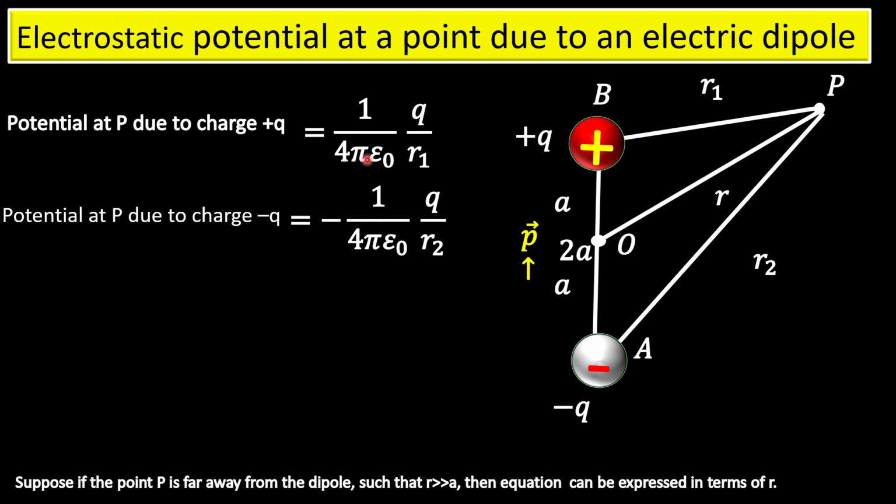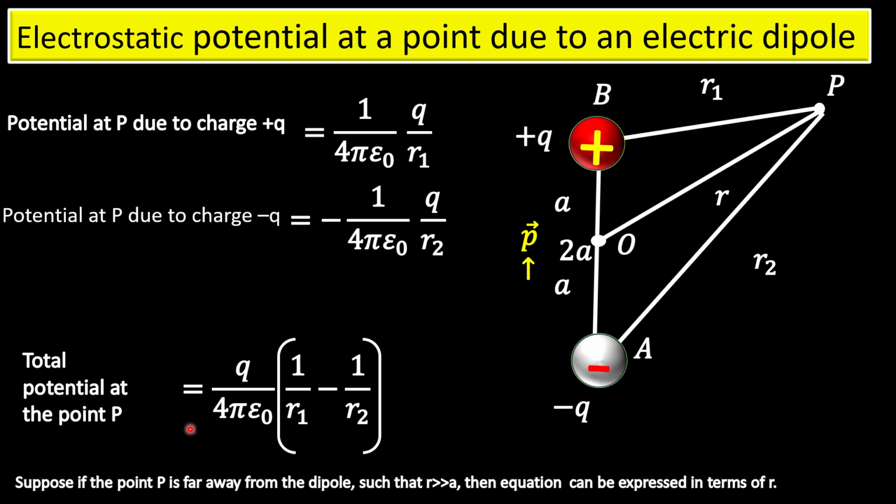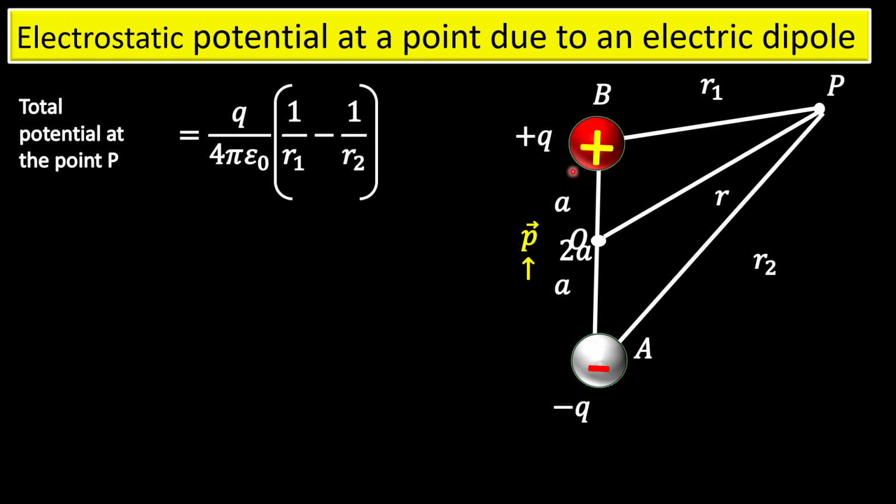Here Q by 4 pi epsilon naught is common. So the total potential is equal to Q by 4 pi epsilon naught into 1 by r1 minus 1 by r2. If angle BOP is theta, then angle AOP is 180 minus theta, according to the linear pair of angles.